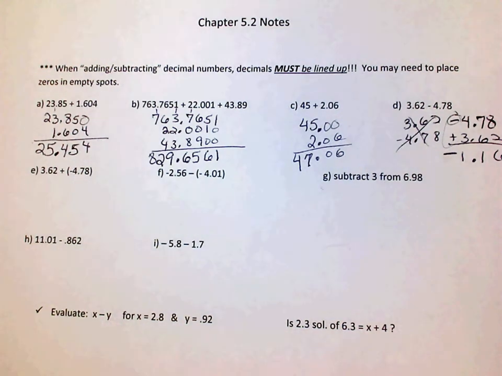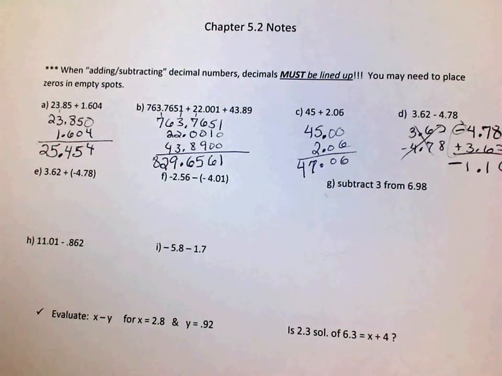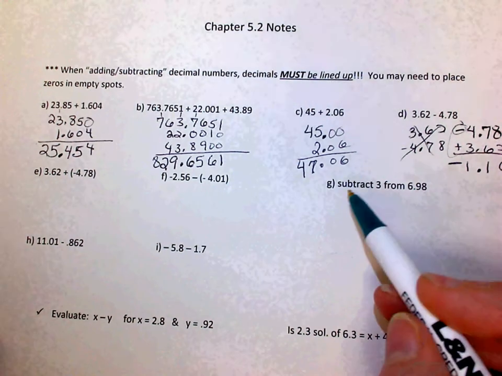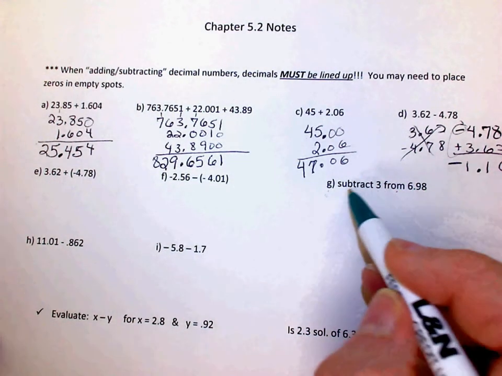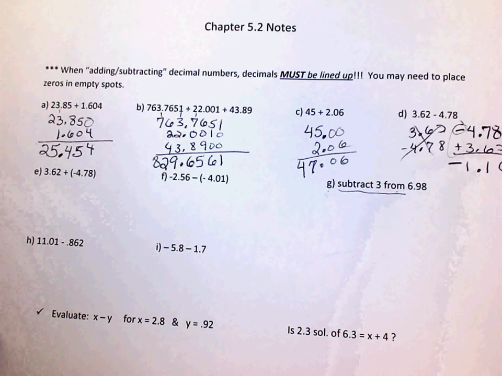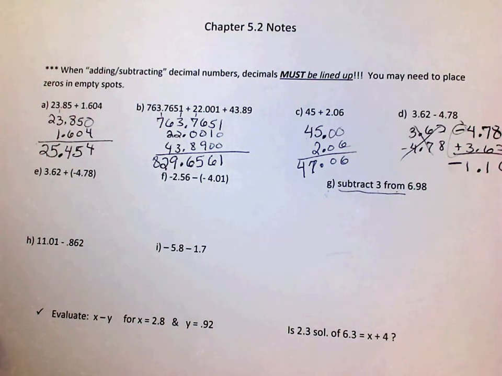And I'm going to do these out of order. Look at G. Subtract 3 from. This is a big fat hairy deal, and I'm pretty sure I told you in chapters 2 and again in 3 and probably in 4 as well.